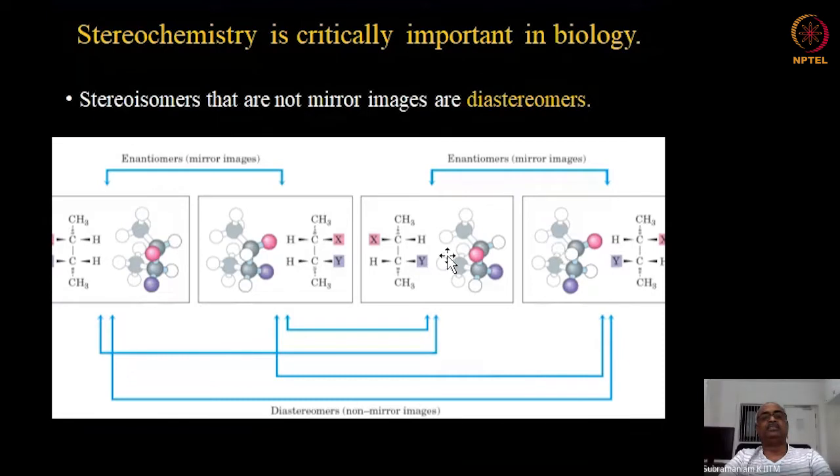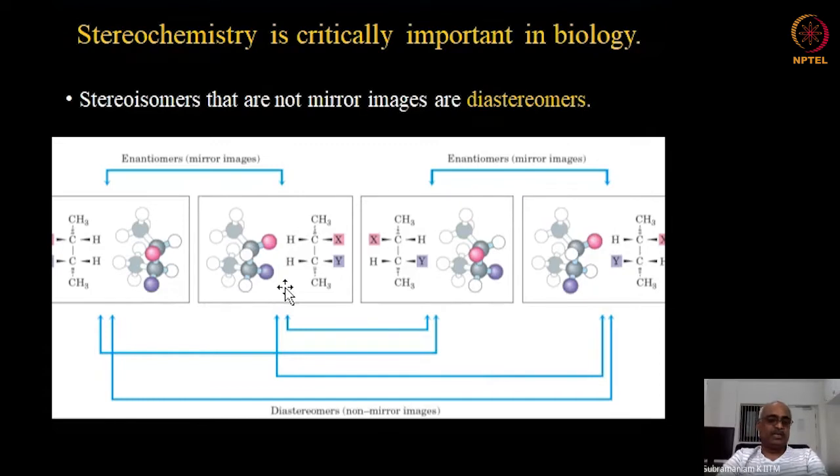This and this, like the first and the third, are not mirror images, although they have the same constituents but different arrangement. Here the X and Y are attached to different sides of the two carbon atoms, while here one is the mirror image of the other. So these two are enantiomers, these two are enantiomers, but these are diastereoisomers.